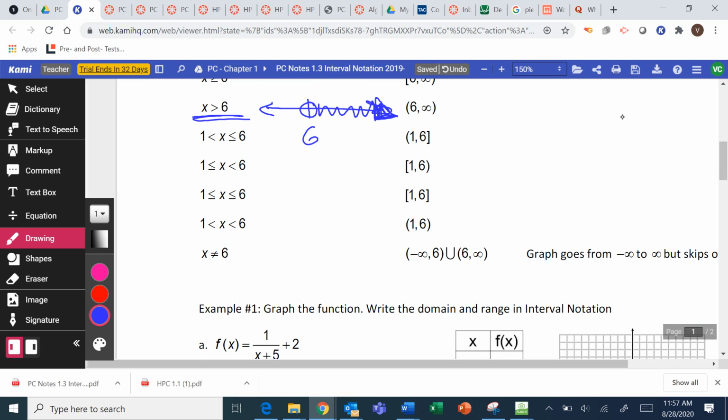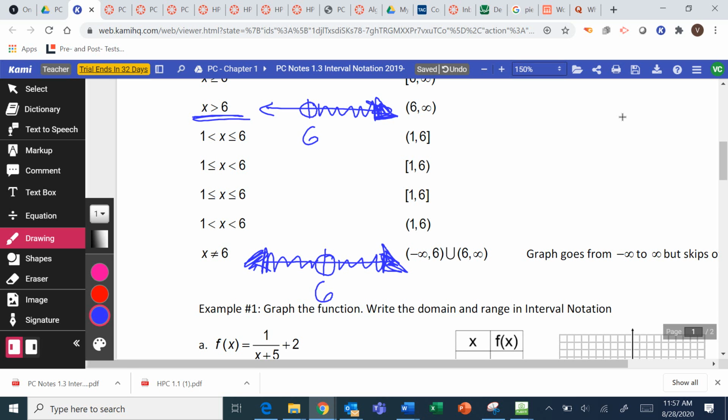The bottom one, sometimes we have multiple pieces. Like this one here says x does not equal 6. So here we have 6, and x does not equal 6. That means x is less than 6 and x is greater than 6, but it does not equal 6. So I have 2 pieces there.